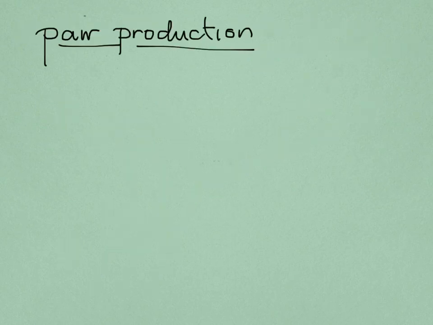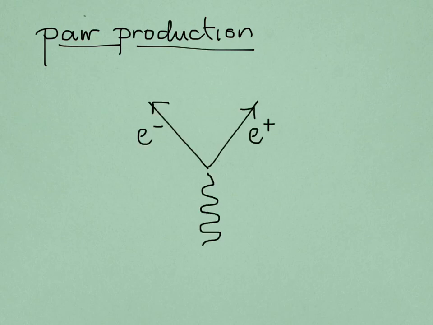A couple of other things we've mentioned is pair production, so that's represented as a gamma photon turning into an electron and a positron. Notice they're not back to back in this picture, but that's because remember we've got the axis of time moving up that way, so they're sort of moving through time.